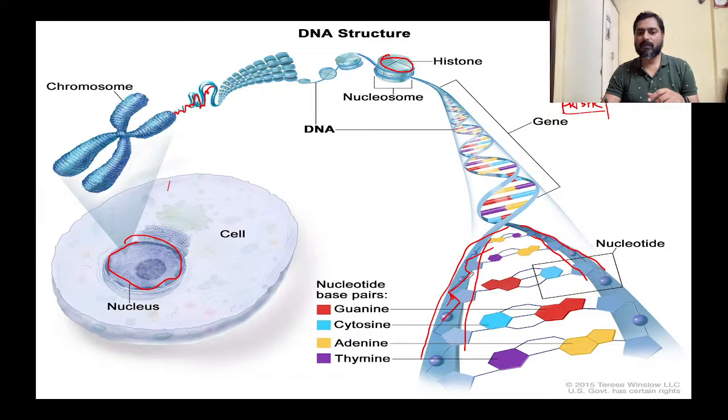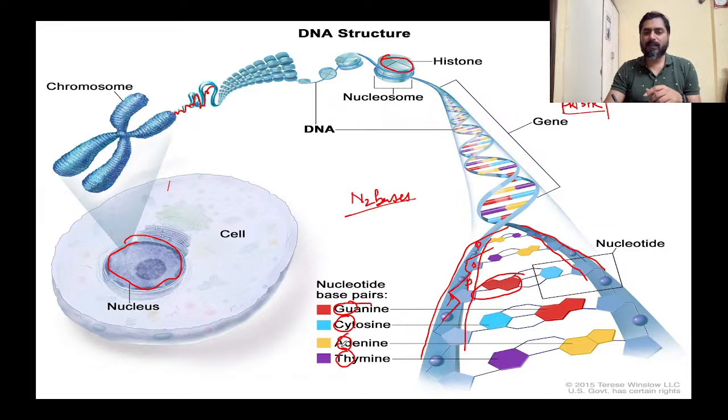And these things that you are seeing here are called nitrogen bases. These nitrogen bases are guanine, cytosine, adenine, thymine.